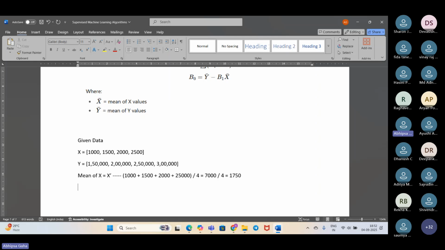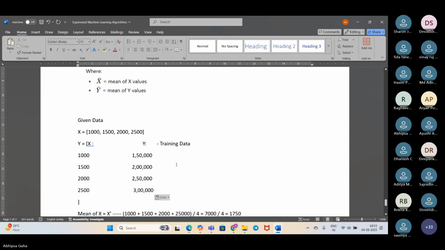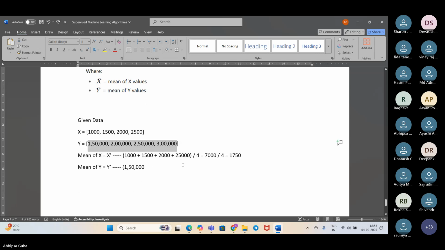So this is how we do the mean of x. Similarly, we will do the mean of y, that is y dash, because according to the formula we will need that. We'll add the values and divide by 4, because there are 4 values: 1, 2, 3, 4.